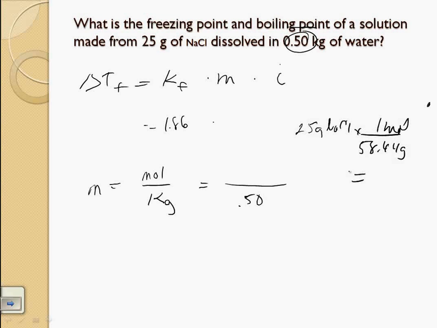So this is going to give us 0.428 moles of sodium chloride. If I divide these, I get 0.86 molal. I got 2 sig figs up here, right? 0.86 molal. So I'm going to apply that here.